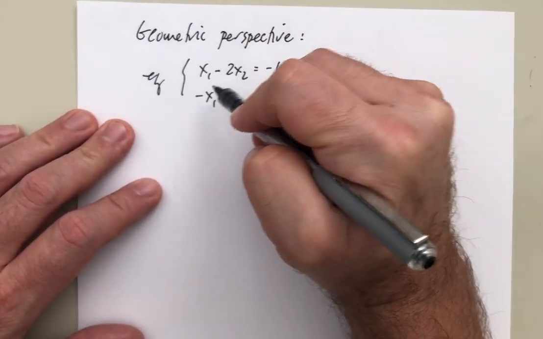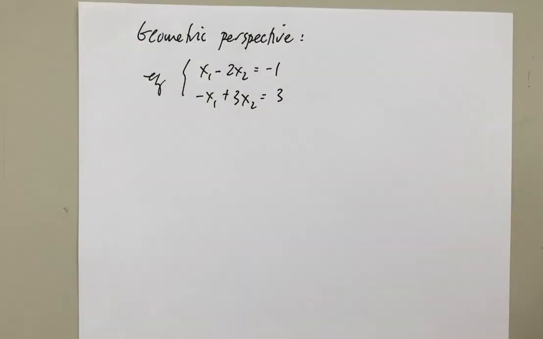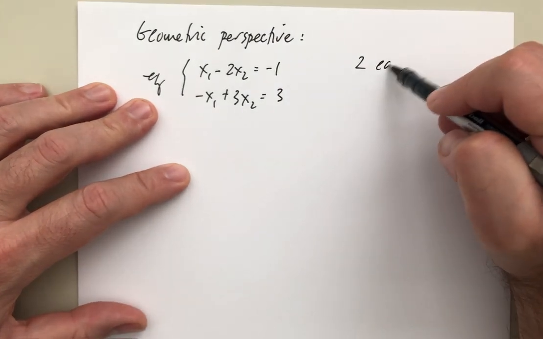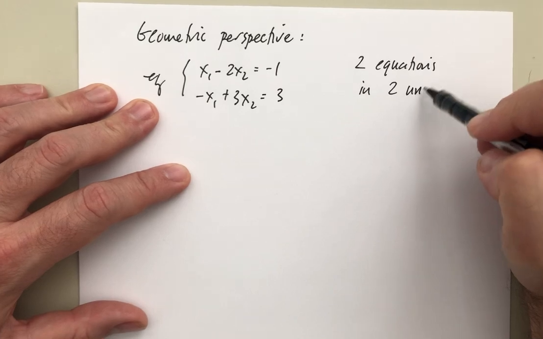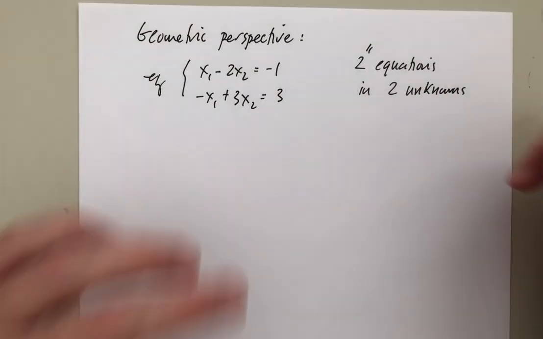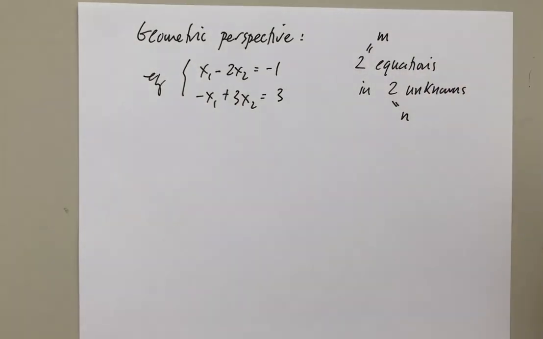This is our running example. We know one solution for this. Again, this is 2 equations in 2 unknowns. Moving forward, I want to get you used to the idea that we're going to be talking in general about m equations in n unknowns. That'll be the convention we follow.